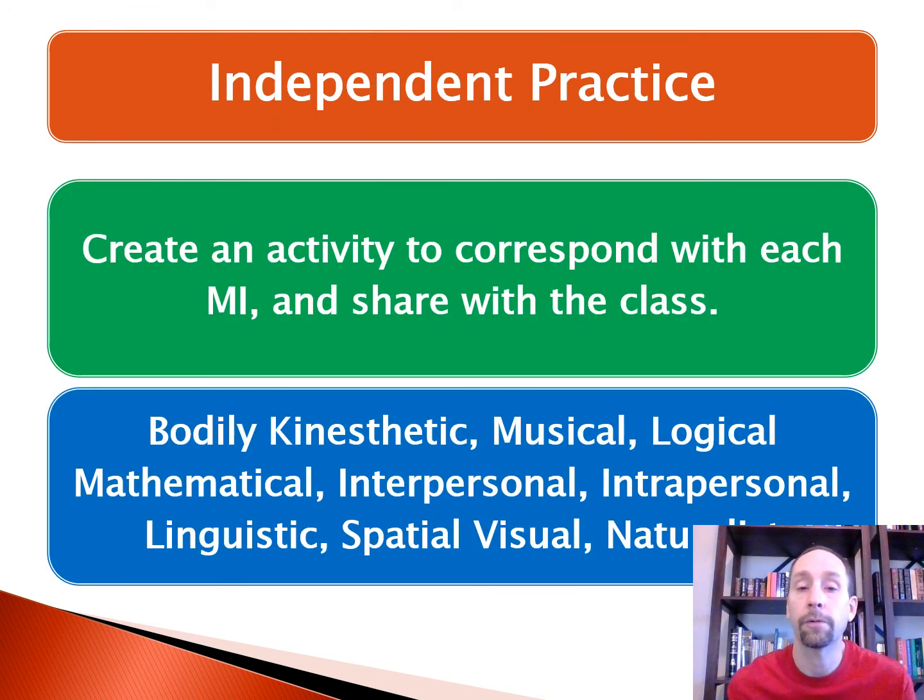Okay, so for our independent practice then, you're kind of working on your own here. And what you can do is create an activity to correspond with each of Gardner's multiple intelligences, and then you can share that with the class. So again, here's our intelligences: bodily kinesthetic, musical, logical, mathematical, interpersonal, intrapersonal, linguistic, spatial visual, and naturalistic.